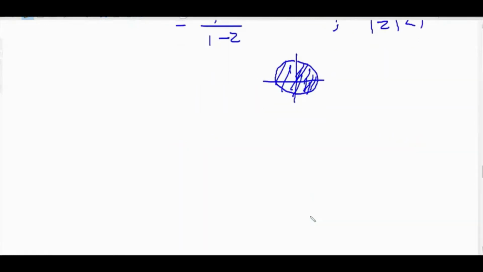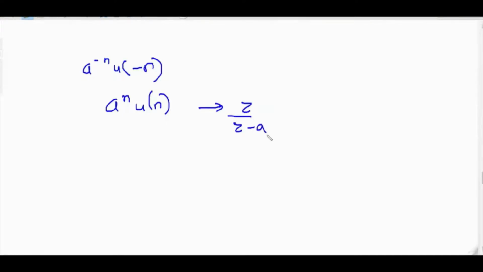Okay. One more question. Find z transform of a raised to minus n u of minus n. We know that a raised to n u of n has z transform z upon z minus a.